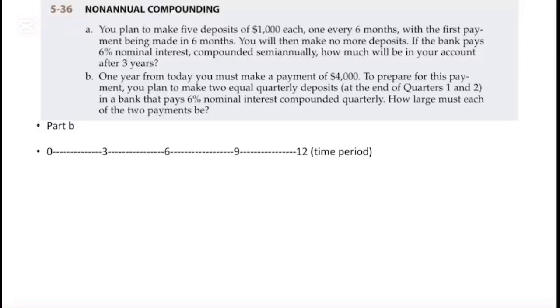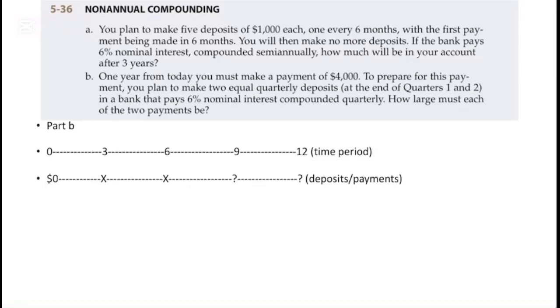Here the time period is as follows. Since we have to make quarterly payments, there are 4 quarters. So the first payment will be made after 3 months, another payment after 6 months, another payment after 9 months, and then the final payment at the end of year 1.